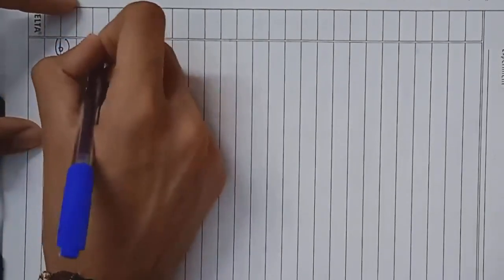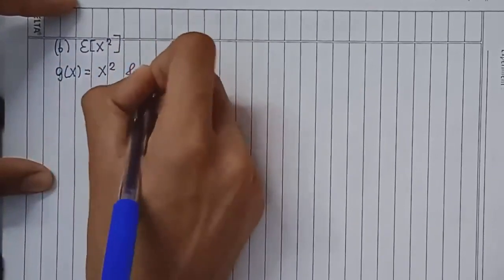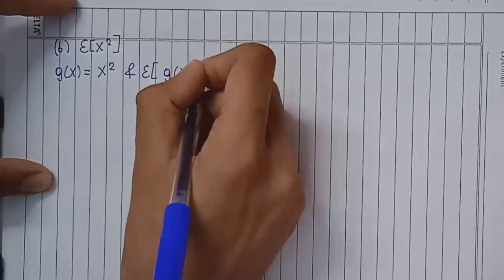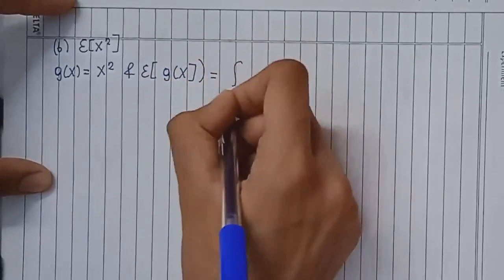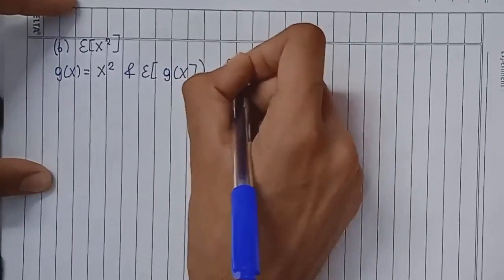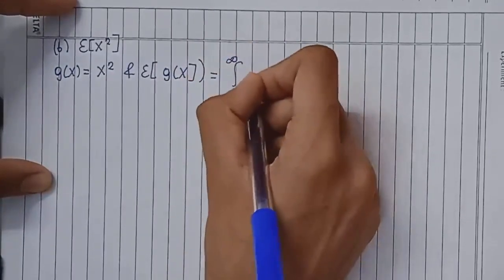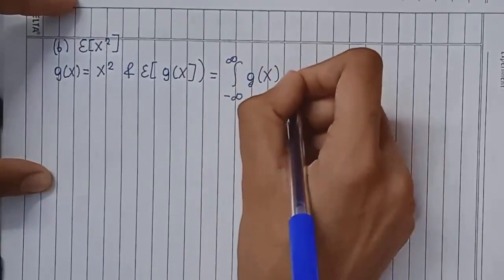Here g(x) is equal to x square, and our property says that when we need to find the expectation of a function of random variable, it is equal to the integration from minus infinity to plus infinity of the product of that function into PDF values.